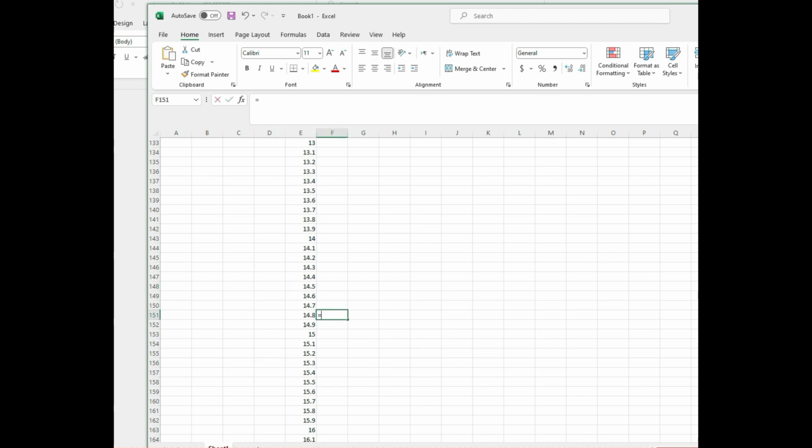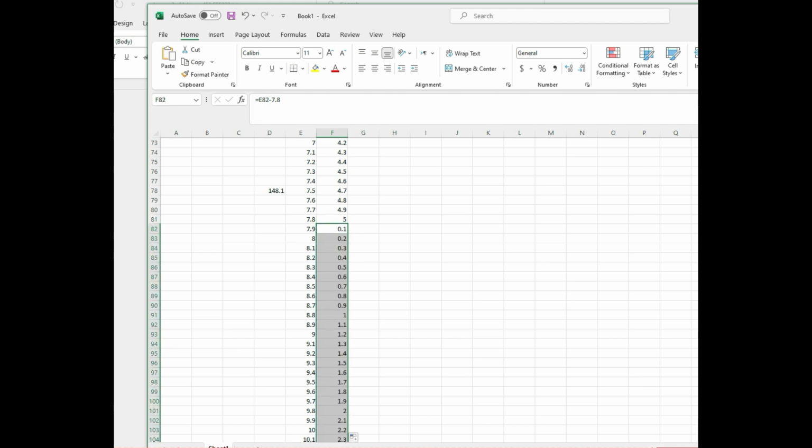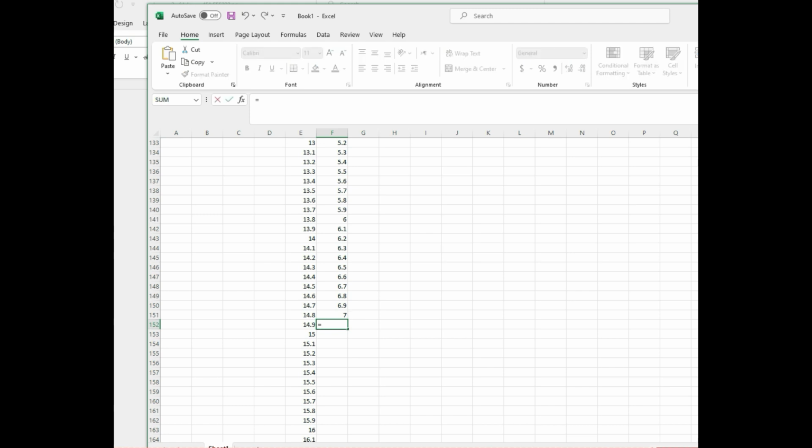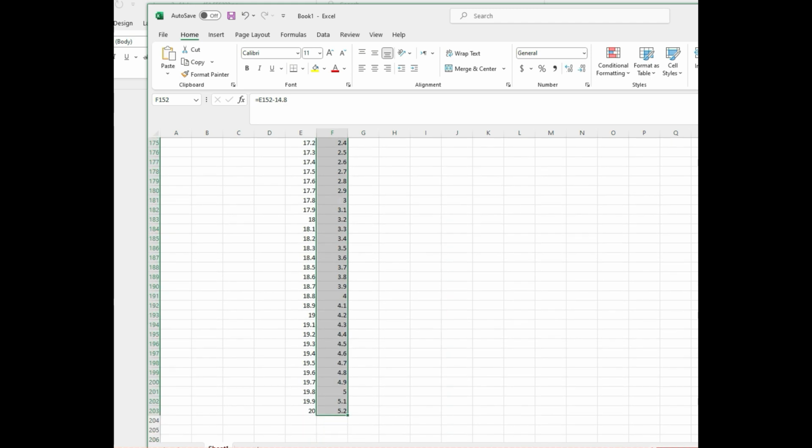Now this is my cell. So this one minus my 7.81, which is here 7. So all this period is considered as my third interval. Now after these times, my new effective time is starting here. So I can say 14.9 minus 14.8 till the end. Now I finished the effective time.